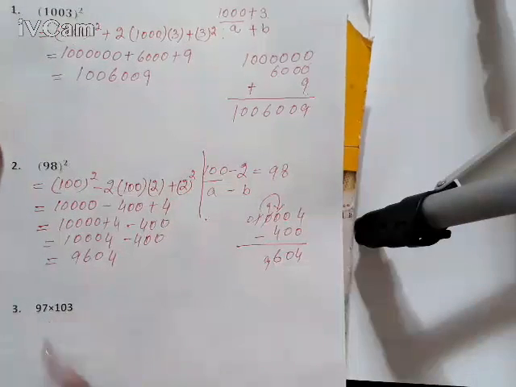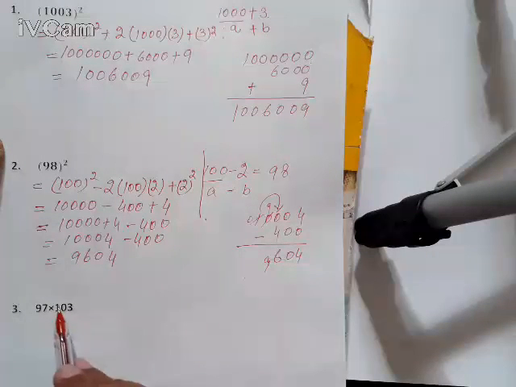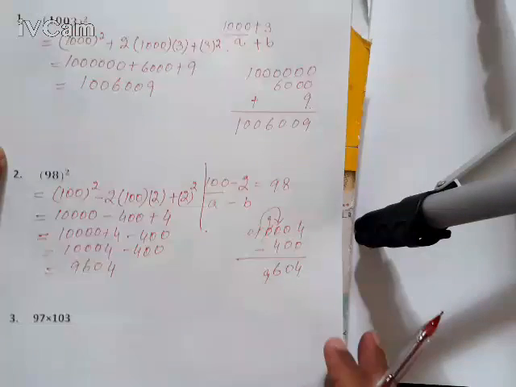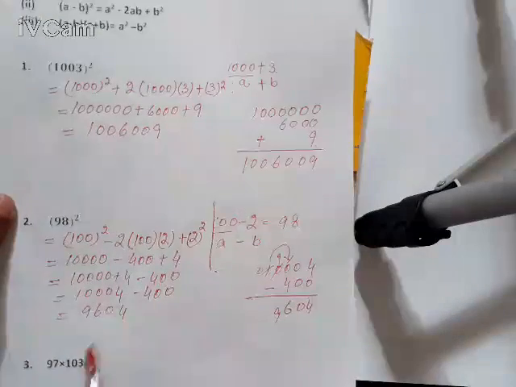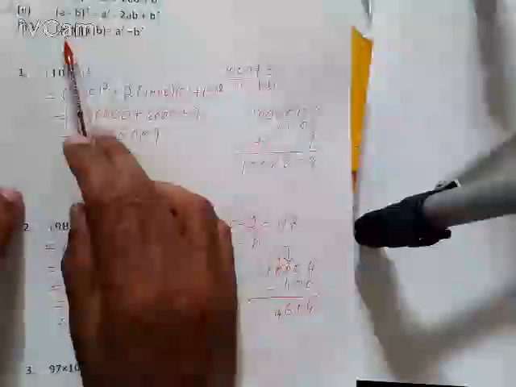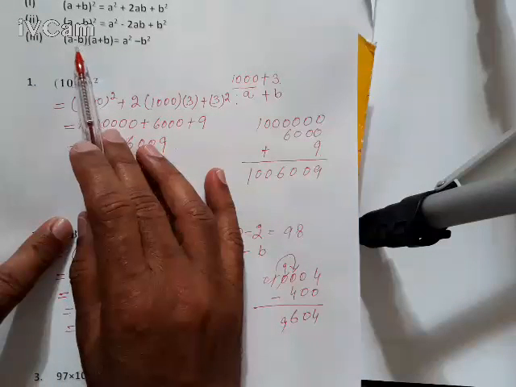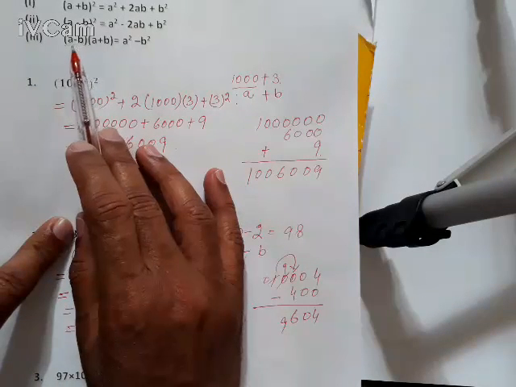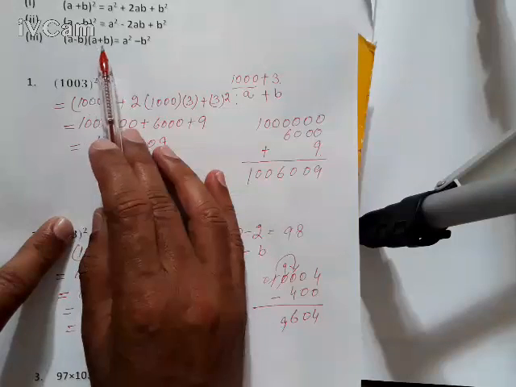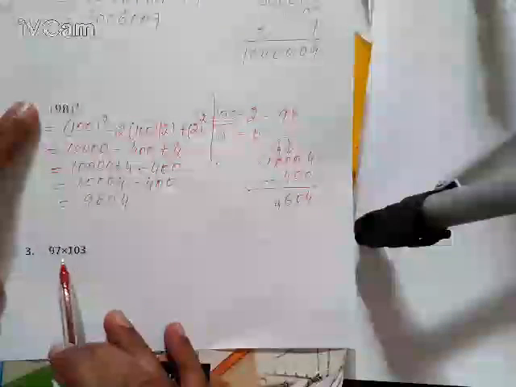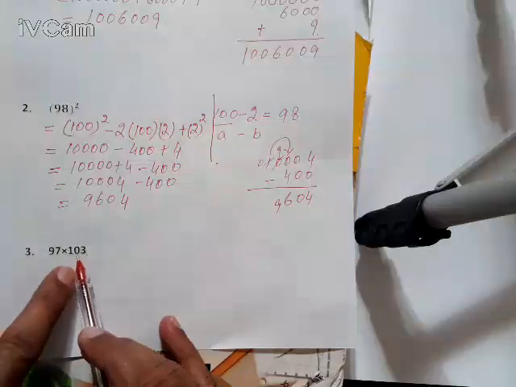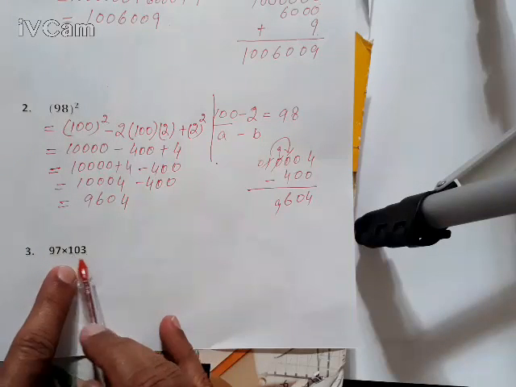97 into 103. So here there is no square, so obviously it's understood that the third property is applicable. But here in this case, one value is a minus b, another one is a plus b. So that's why we have to split this value. So firstly we have to select this one.